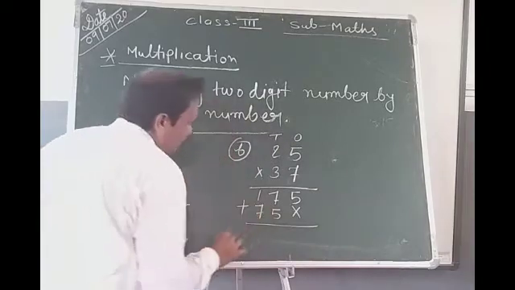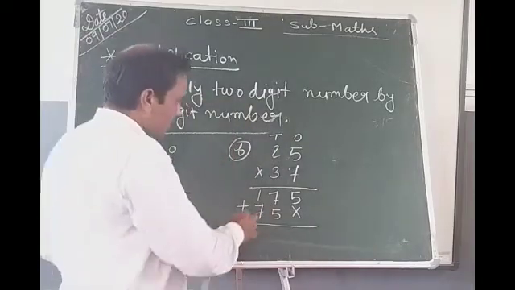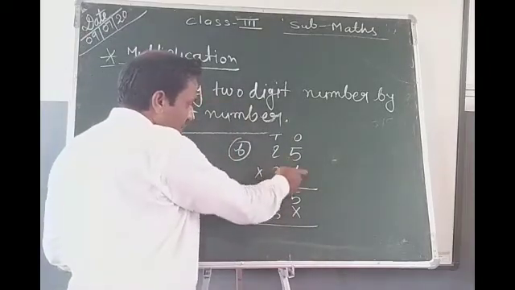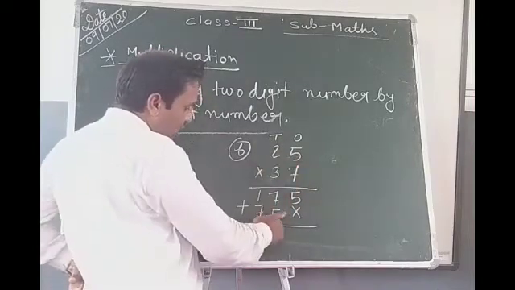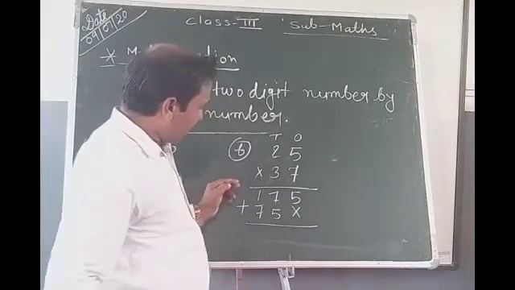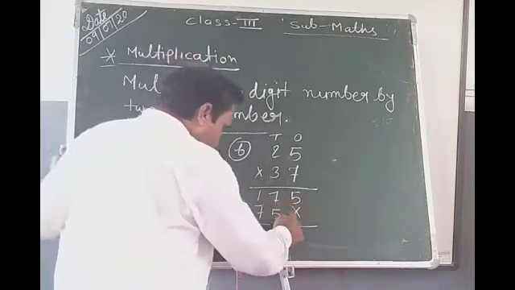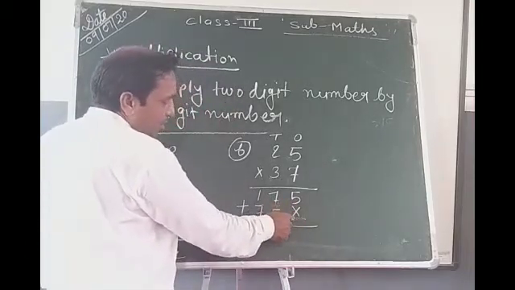And now the last step is to add. The first step is 7 multiplied by 25. The second step is 3 multiplied by 25. And the third step is to add. So 5 here, nothing to add, it is the multiply sign.